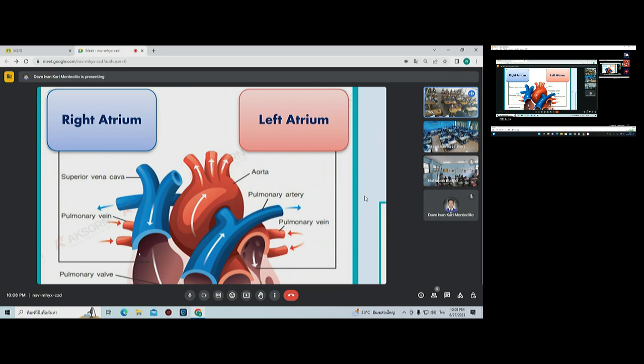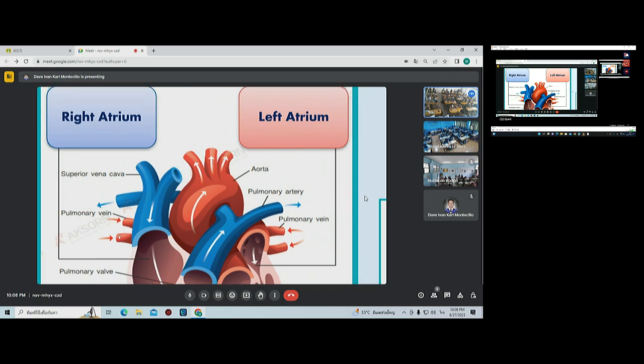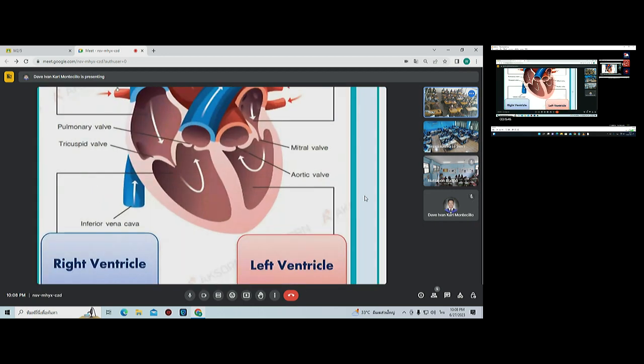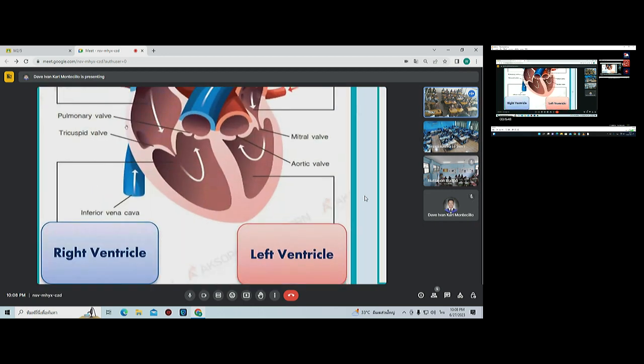And the bottom? In the bottom part, we have the right and left ventricle. Did you get it? So those are the parts of the heart. Did you get it?